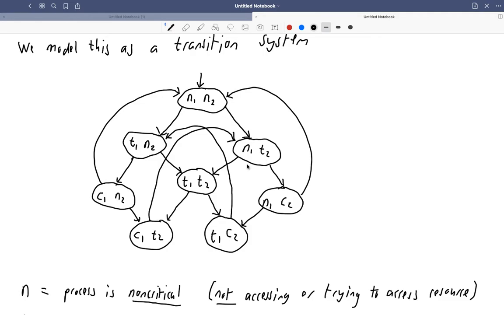We may run it one day and it may behave in a certain way. We may run it the next day and it may behave in a different way. But no matter what happens, the evolution of the system will correspond to a path along the arrows through the transition system. So we start off in N1, N2, and we might go this way and this way and this way, and then maybe we'll go back here and this way and this way, and then maybe we'll go back, well, then we have to go back here, and then this way, and then this way, and then this way, and then this way, and so on.